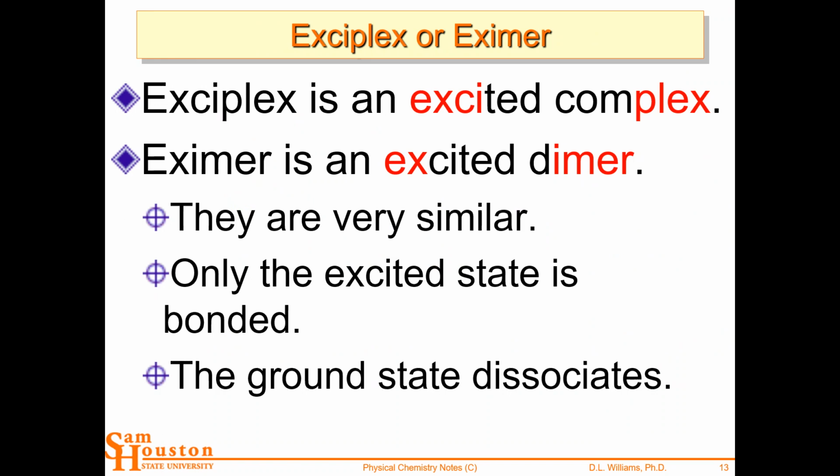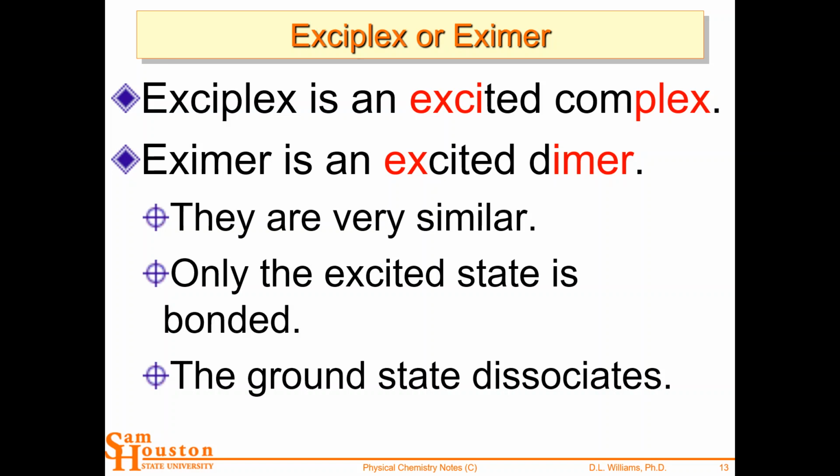Exciplex lasers. This was in the homework. One of the coolest ways to get a population inversion is for the ground state not to exist. Okay. So how can you get a molecule not to exist in the ground state and only exist in the excited state? You play around with bond order, right?